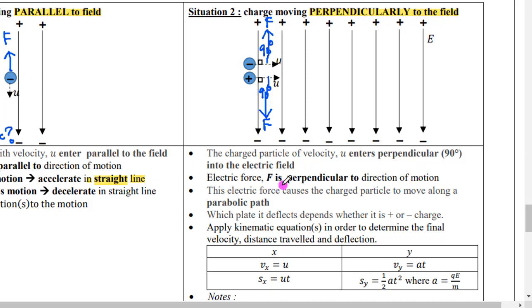So this electric force will cause the charged particle to move in a parabolic path. It will move in projectile motion.